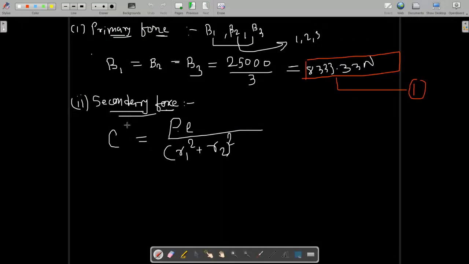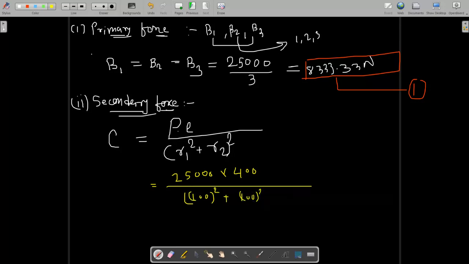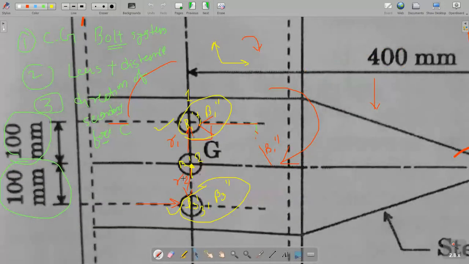So this is the first step, as I have explained: you have to find the constant C. What is constant C? Force, that is 25,000 Newton, into eccentricity, that is 400 mm, divided by R1 square plus R2 square, that is 100 square plus 100 square, because here the least distance between these 2 points is 100 mm, and it is perpendicular to the direction of the secondary force B1 double dash.